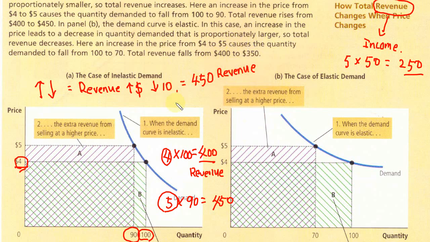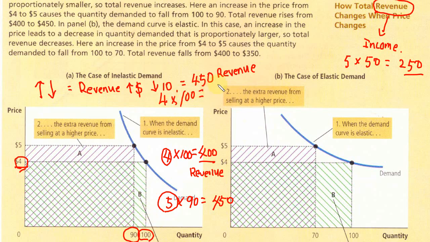Okay, what about this? Here you have $4, lower dollars, but you have a quantity of 100.